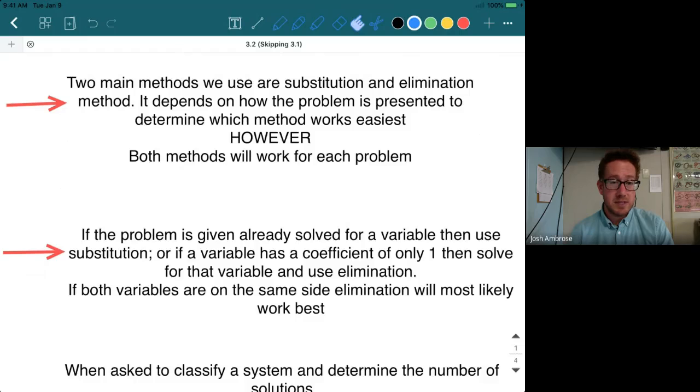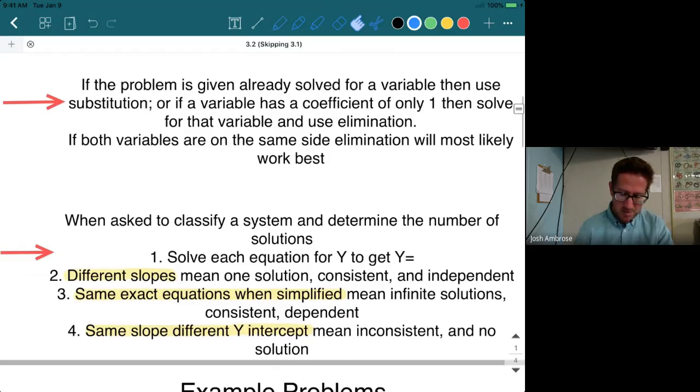But pay close attention, because as you also see in the note, both methods will work for every problem. It's just that the way the problem is given, there's usually one of those methods that works better. Depending on how the problem is presented to you, substitution might work best, or if it looks a little bit different, elimination might work best. That's pretty much what that note is saying.